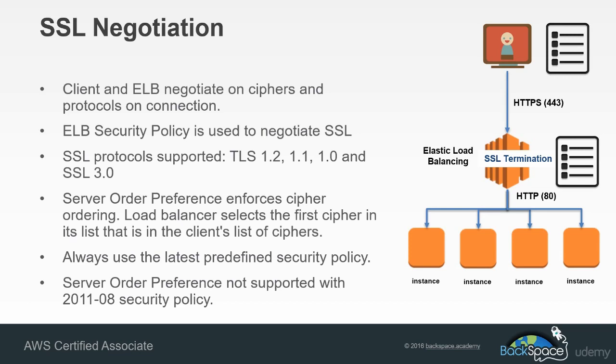And so that ELB security policy will be used by the Elastic Load Balancer to negotiate that SSL connection. The SSL protocols supported are TLS 1.2, 1.1, 1.0 and SSL 3. But that again depends on which security policy you will be using. So if you're using an old one, it may not have all of that available.